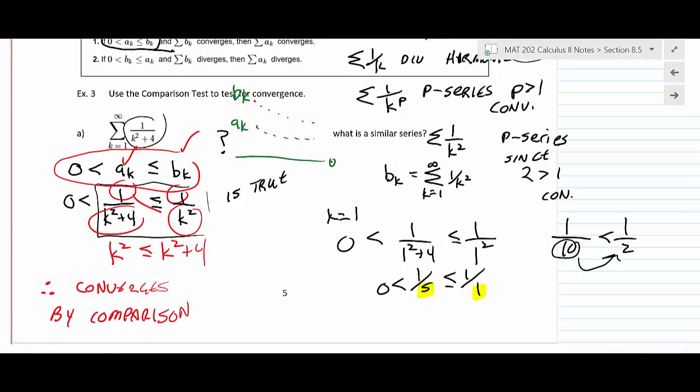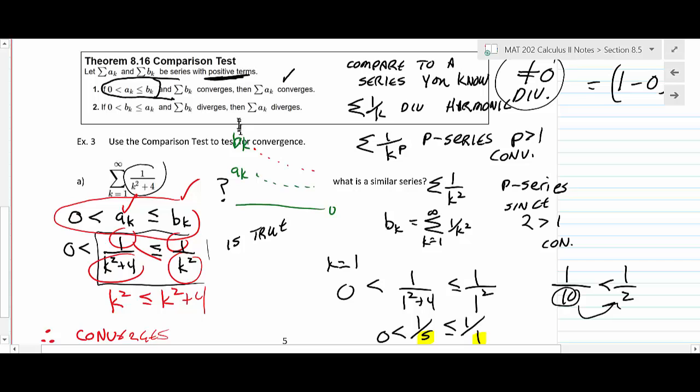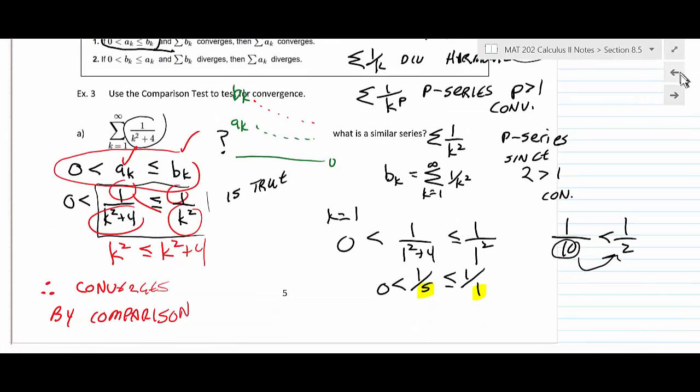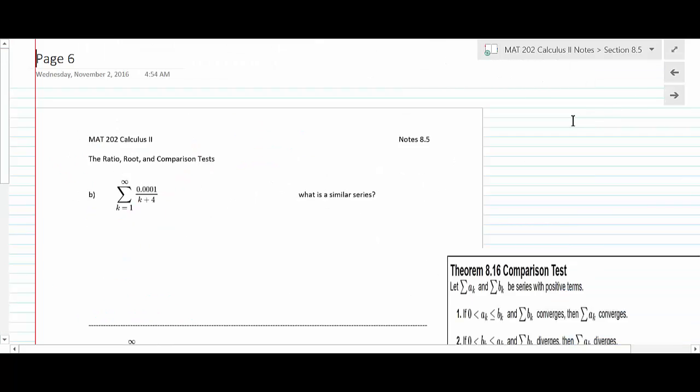It's bounded by 0 and another series that you know the convergence of. Does that make any sense? These tests are not that bad to do, but you just have to follow what they tell you to do. So if you're doing your homework, just look at the theorem and do exactly what it tells you to do. Mostly you're going to be working with some algebra and stuff.